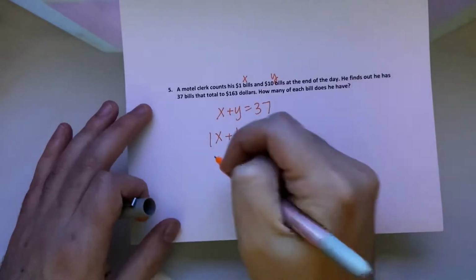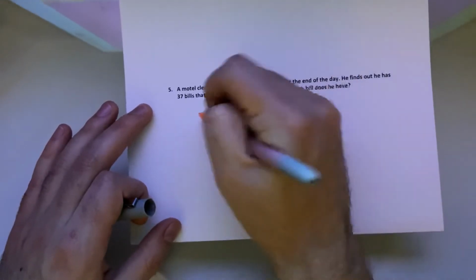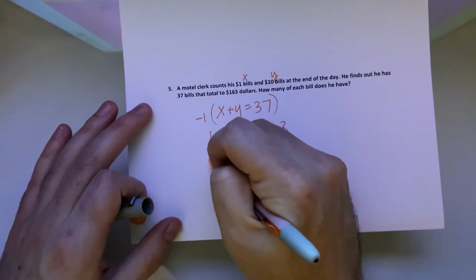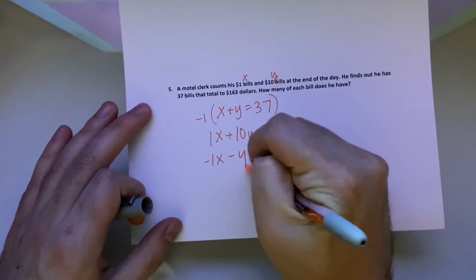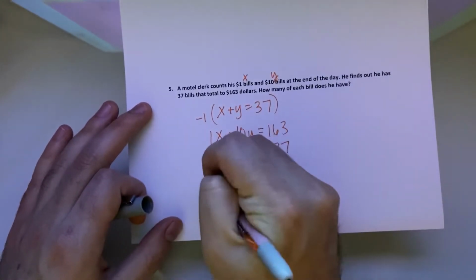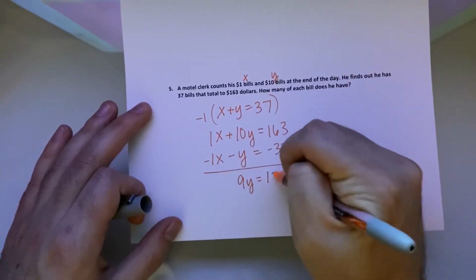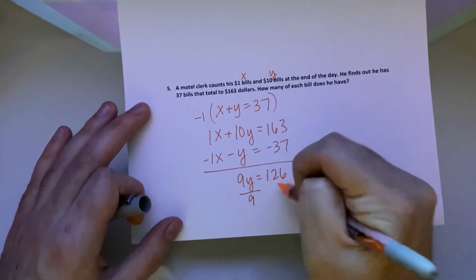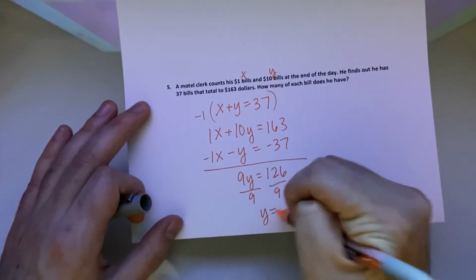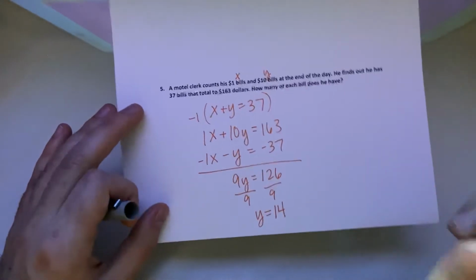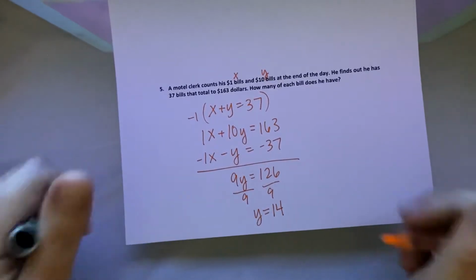Okay, so to combine these two, though, I'm going to need to multiply this by -1 so that I have the opposite. So -1x minus y equals -37. When I add these together, I get 9y equals 126, divided by 9. Y is 14. Okay, so there are 14 $10 bills.